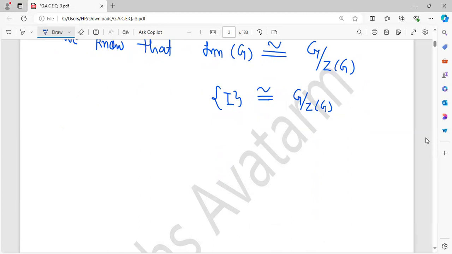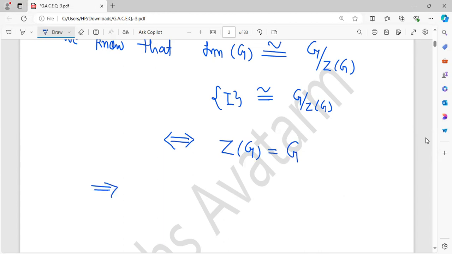What does it mean? This is possible only when the subgroup by which we are taking the quotient is equal to the whole group. Okay.